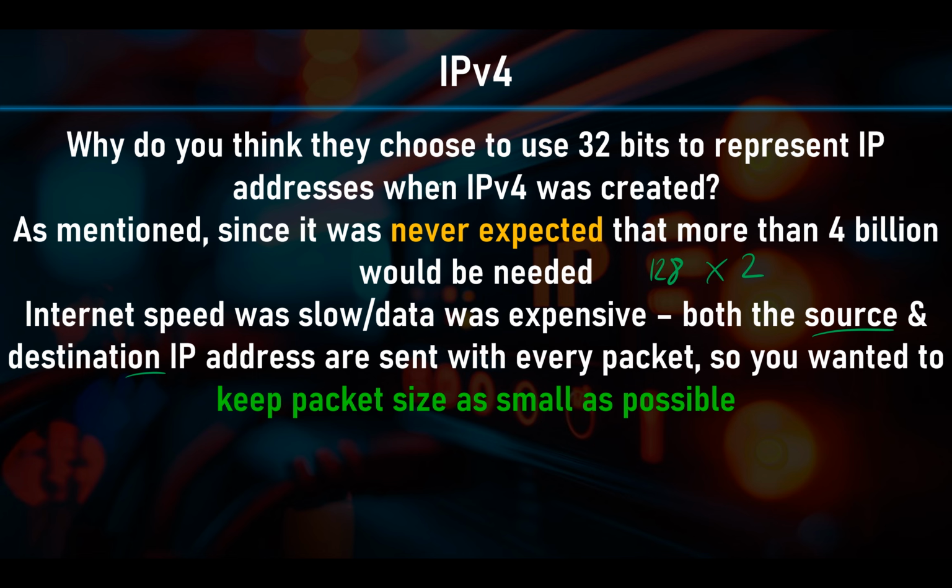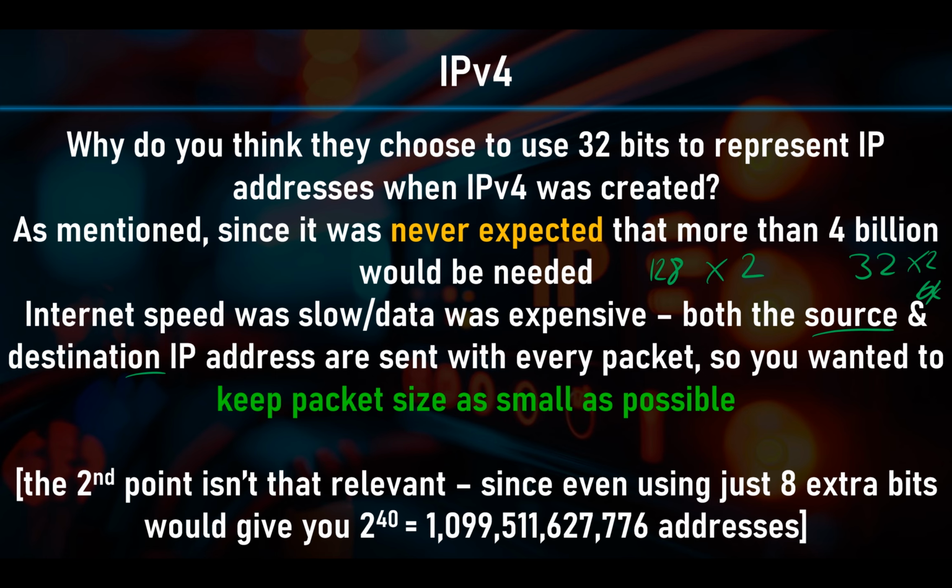In contrast, IP version 4 addresses are only 32 bits, so you're only having to send 64 bits total. I guess that was another reason. Although, to be honest, the second point probably isn't as relevant, since even if you just use an extra 8 bits, for example 2 to the power of 40, that's going to give you a huge number. I'm not even sure what that is. I think that's trillions, or maybe bigger than trillions.